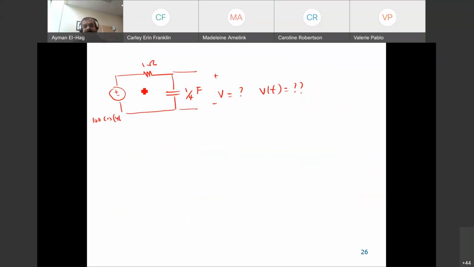It is a resistance in series with a capacitor in series with this voltage source, which is equal to 100 cosine 4t. So it's a very simple question, but this is for you to start getting engaged with AC analysis. Go ahead, guys. So give me the v of t. I need the voltage in time domain.